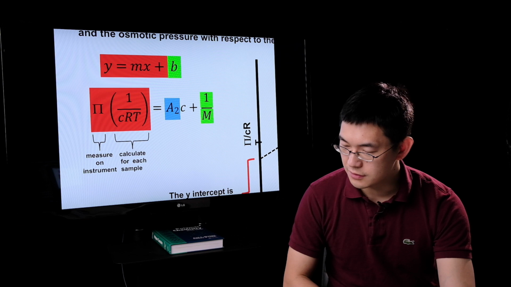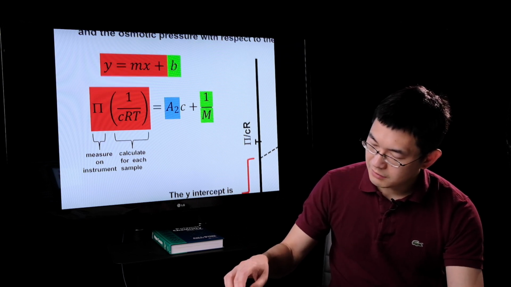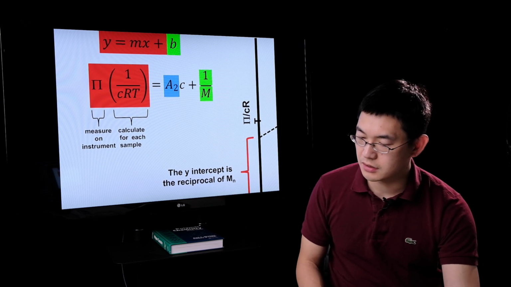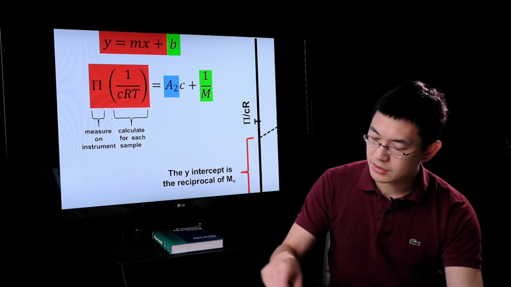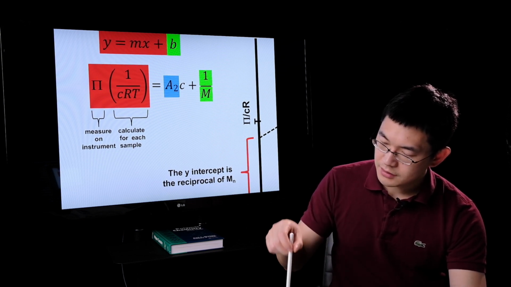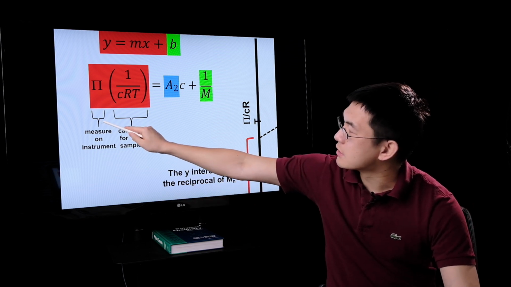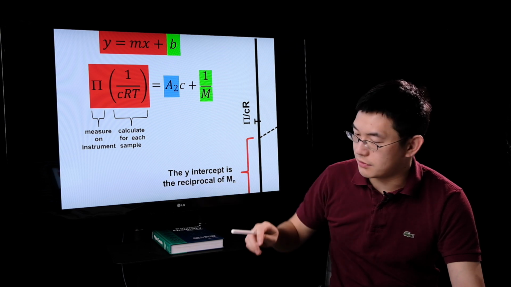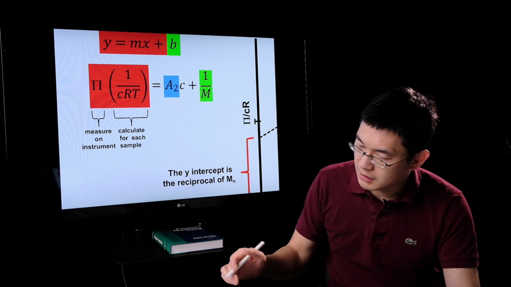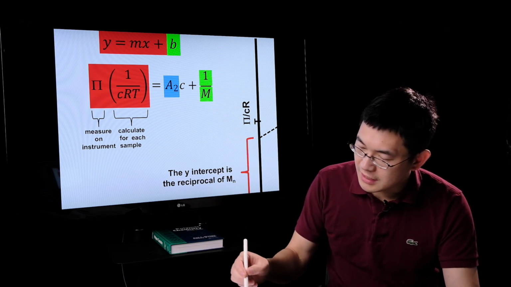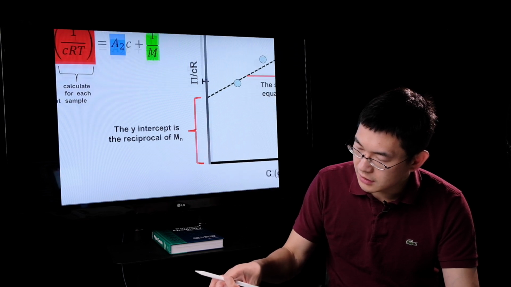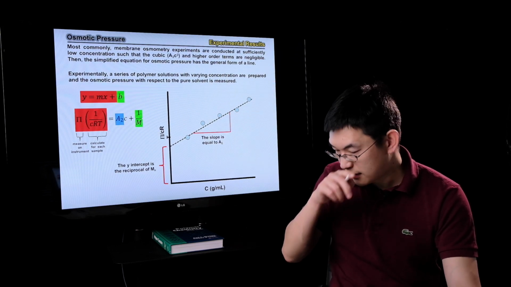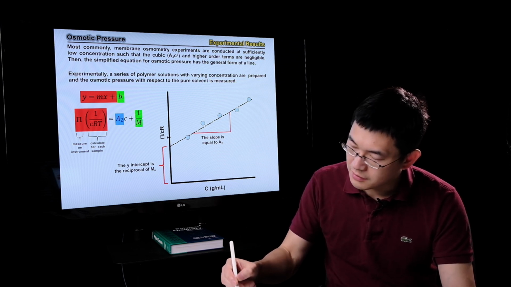And how do we use the data? What we need to do is calculate the osmotic pressure dependence on CRT. The osmotic pressure is measured by the instrument, and CRT is calculated for each sample. You would be able to plot the data as I mentioned previously, in the mx plus b form.